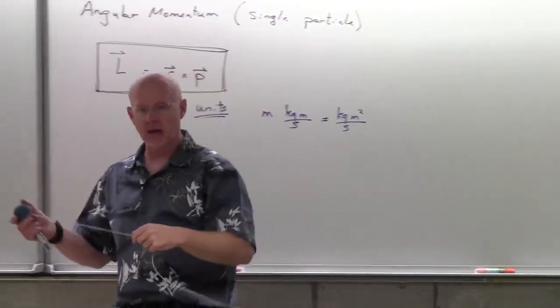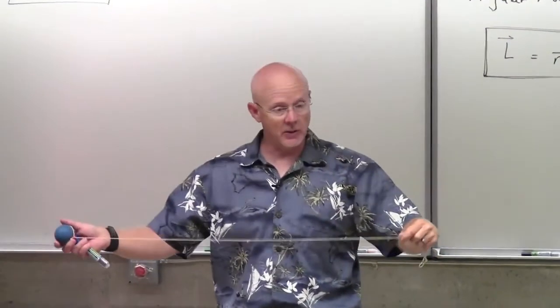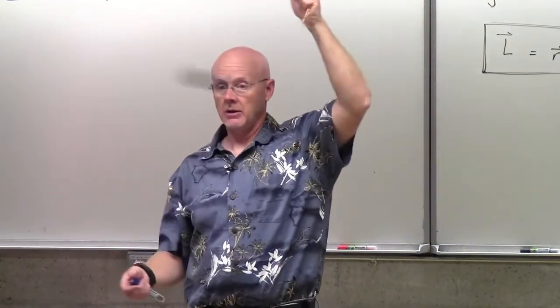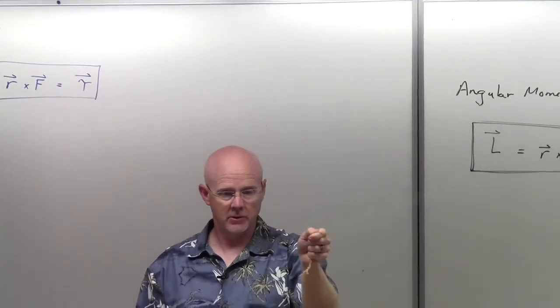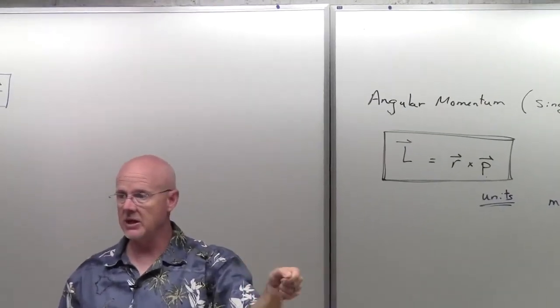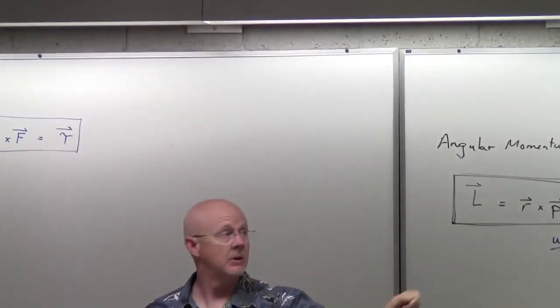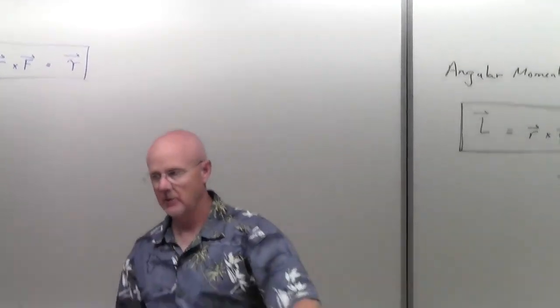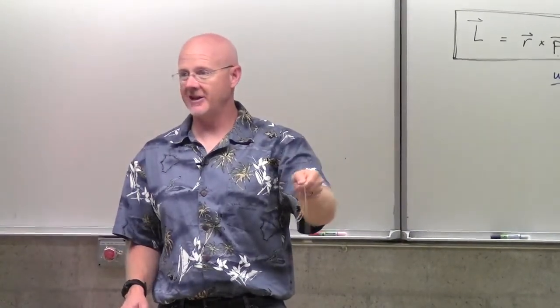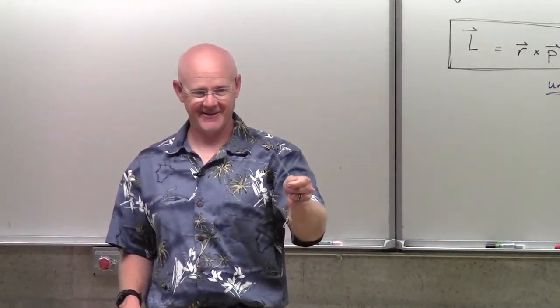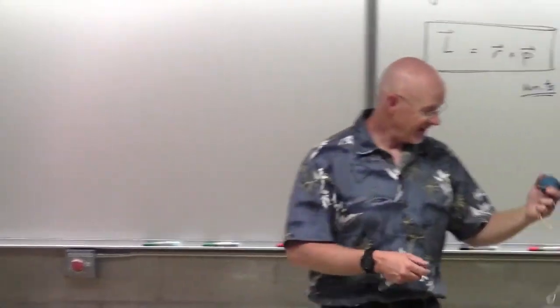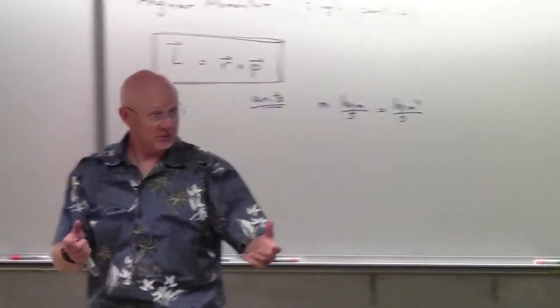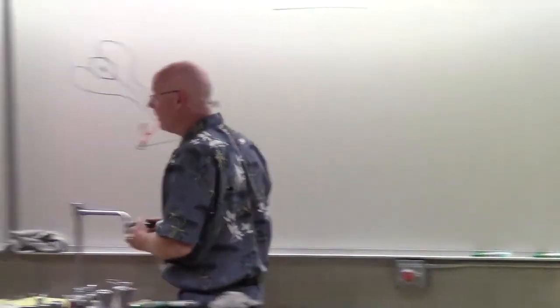I grabbed this as I was coming into class purposely, because I said, okay, what if I were to take this and swing it? Actually, maybe I'll do it this way. What's the angular momentum? In fact, how does it compare to the angular momentum like this? Yeah, I would think one would be positive and one would be negative.